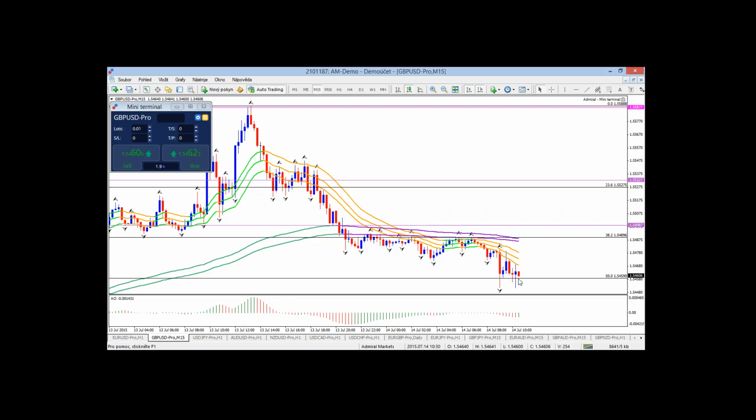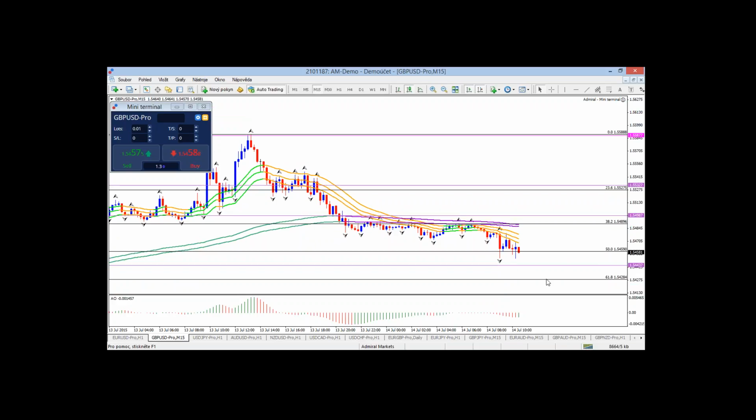Now, this is the fifth candle. So I have to see how this candle, this 15-minute candle, well, no, 40 minutes from now, reacts. If it breaks to this bottom, I consider this a momentum continuation with some space down to the 61.8.